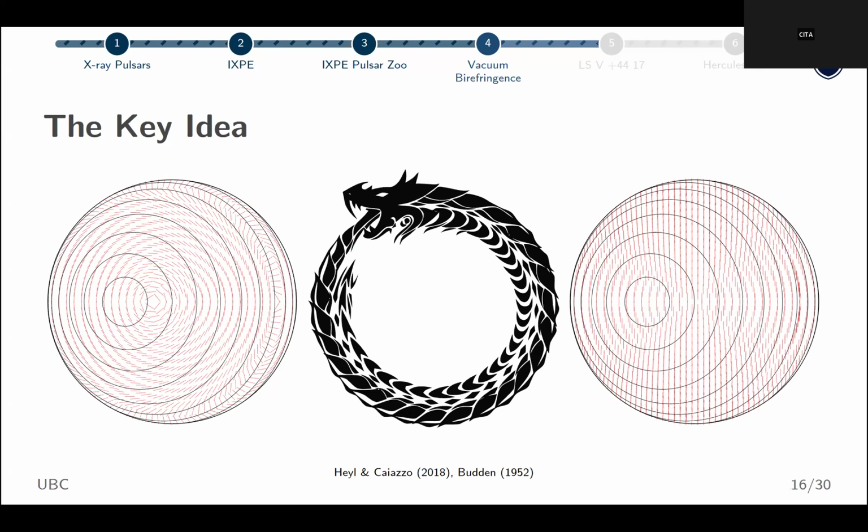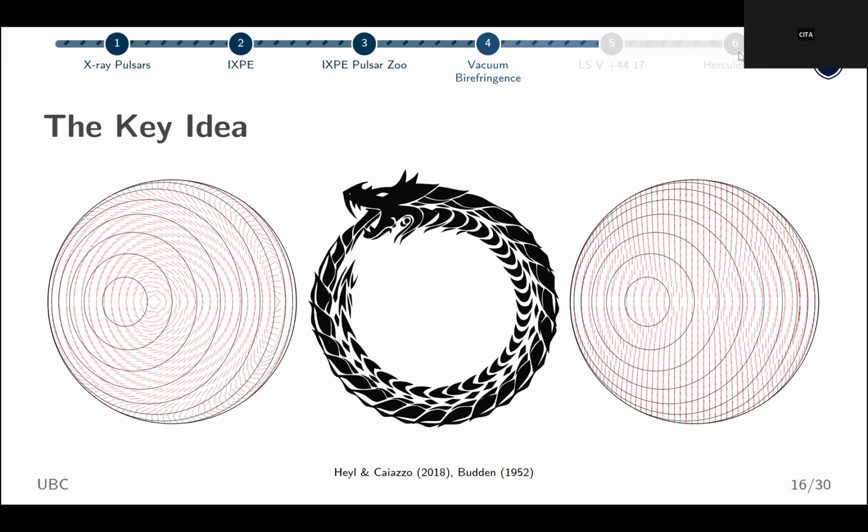So even if the field is much more complicated at the surface, this final state of the polarization occurs at tens or hundreds of stellar radii, where the field is lined up quite nicely over where we're observing the photons, either perpendicular to the projection of the magnetic axis on the sky, which would be the X polarization, or parallel to it.